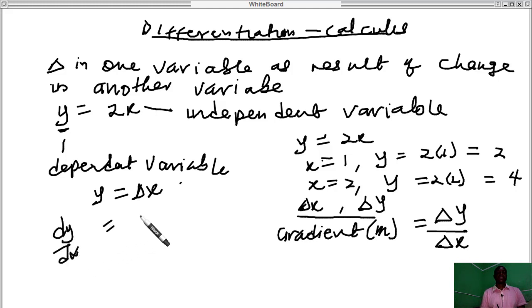So this is a change in y with respect to change in x, or y changes as x changes. So dy/dx is a change in y as a result of a change in x. Good.